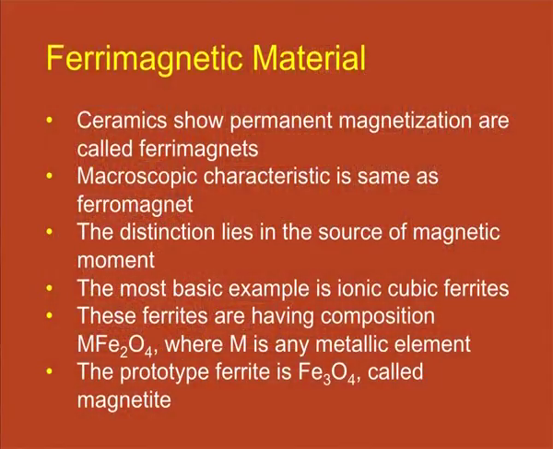Ferrimagnetic materials. As we discussed in our previous presentation, the ferromagnetic materials are characterized into two subcategories, that is antiferromagnetic materials and ferrimagnetic materials.